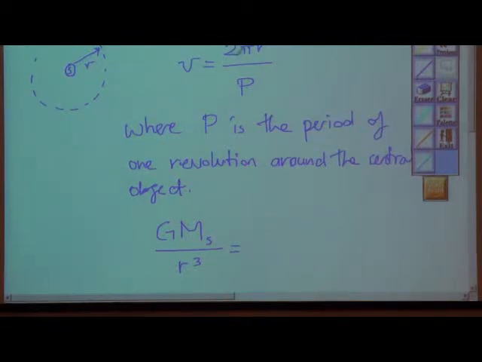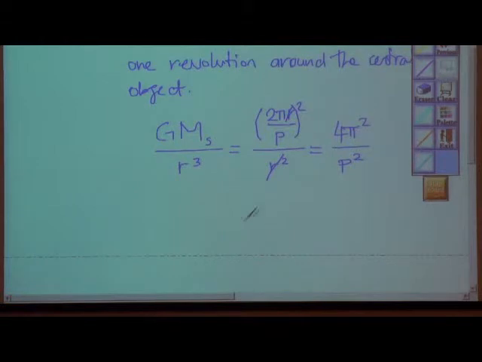V squared is (2 pi r over P) whole thing squared, divided by r squared. Now, if you take the square of this 2 pi r over P, you will find that r squared here and r squared there will cancel, and it will be equal to 4 pi squared divided by P squared, which is something of extreme importance.